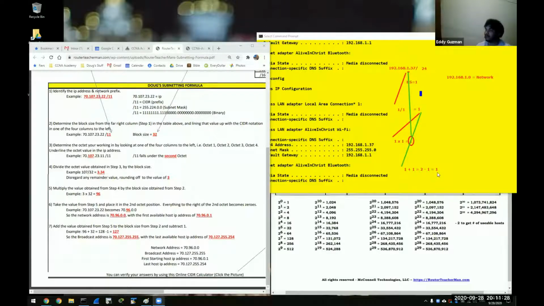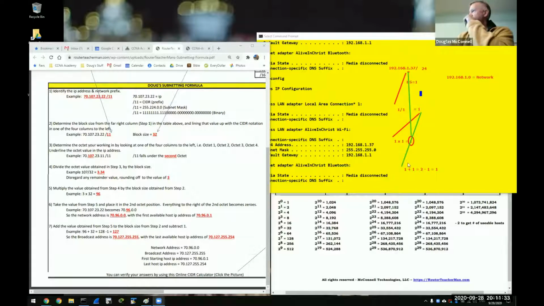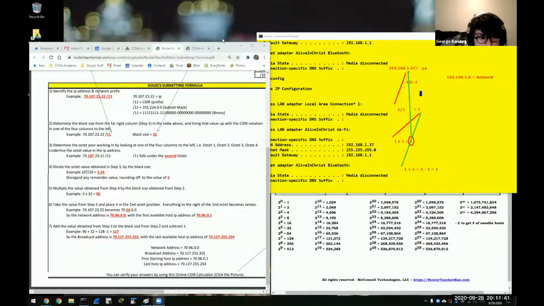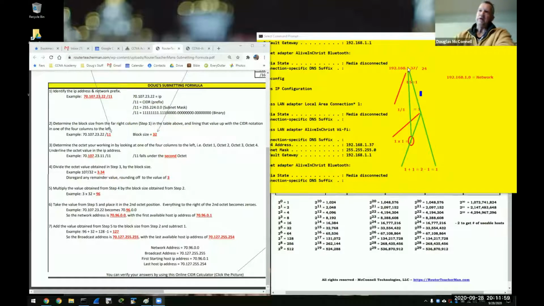So we take that value and we assign it to which octet? Should be the third octet. It's the one we're working in. So we assign it right here. It's 1.254. Well, it's already 1. So have we been able to do that step? Sure.